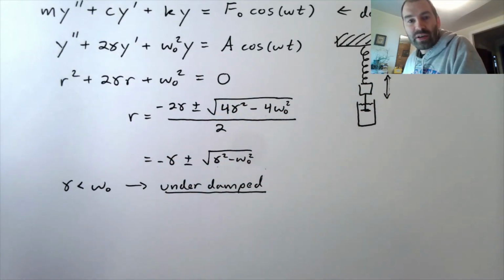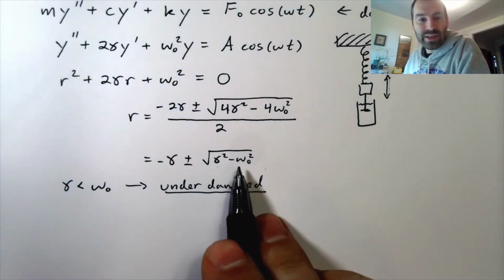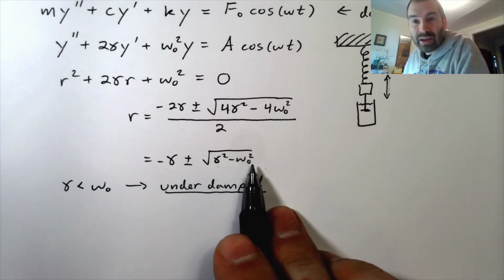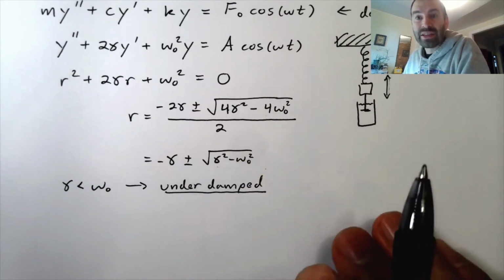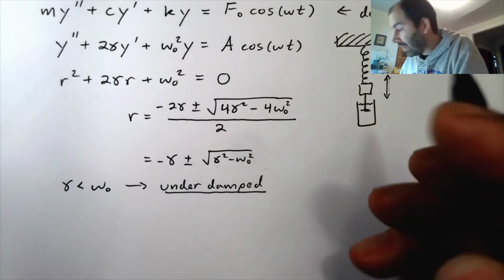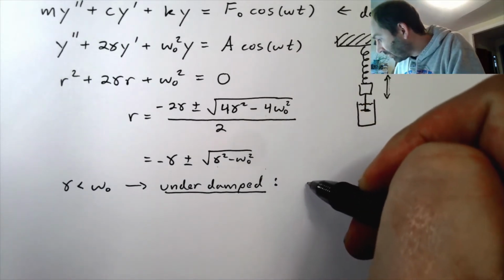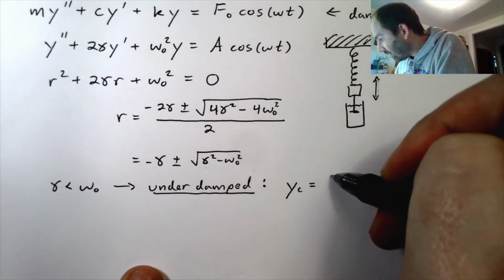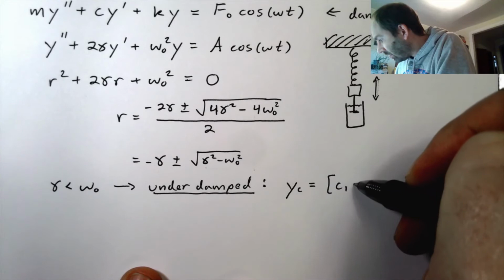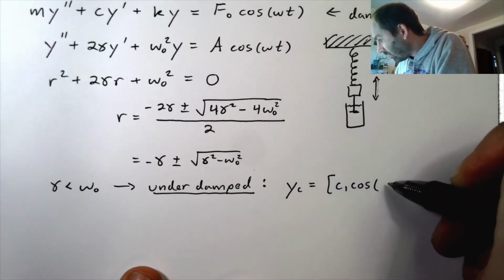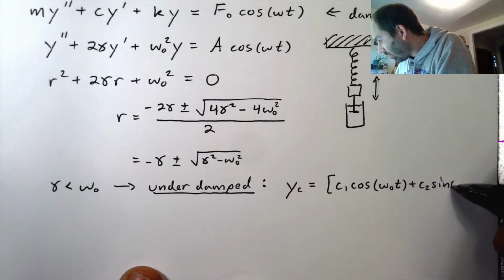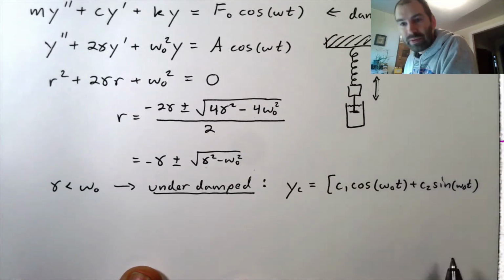What does the complementary solution look like in this case? Well, when gamma is less than omega naught, this is a complex number, so an i comes out. When we get an i, we get sines and cosines in our answer, right? So our complementary solution is something like this.